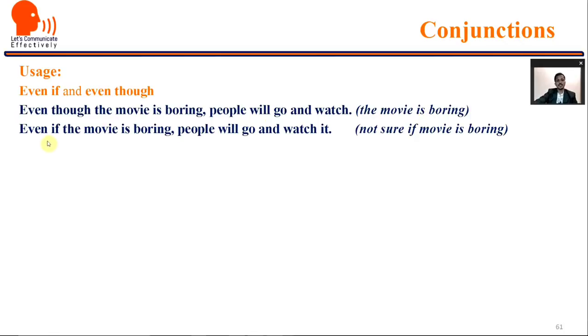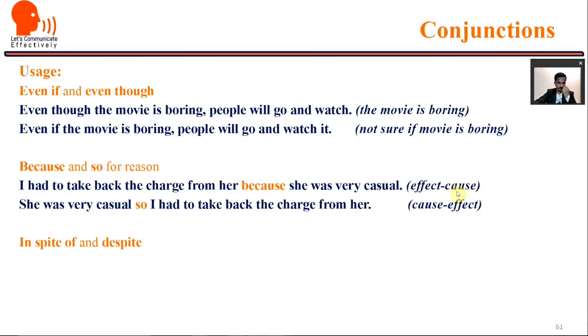In the second sentence, even if the movie is boring, people will go and watch it. So in the first sentence, even though, the movie is boring is final, it is known. But in the second, even if the movie is boring, people will go and watch. It is not sure whether the movie is boring or not, but people will definitely go and watch that particular movie.